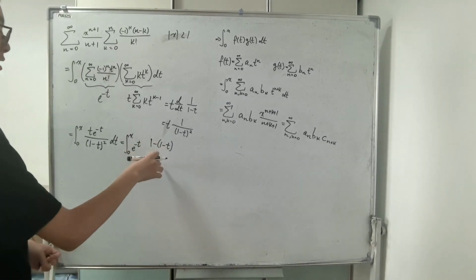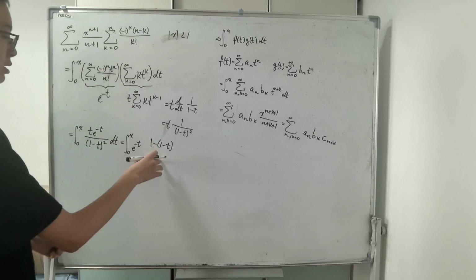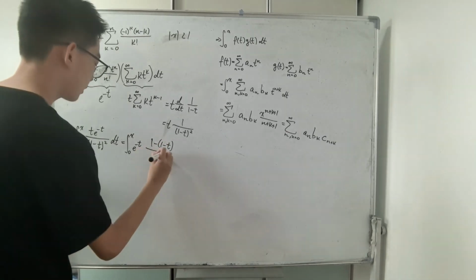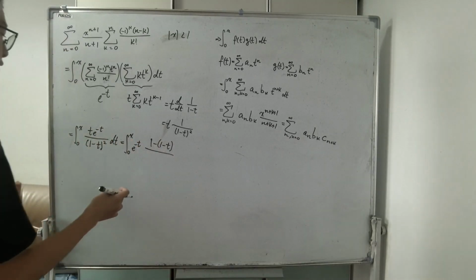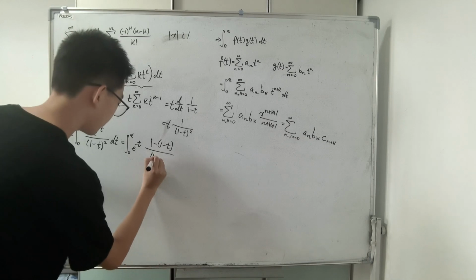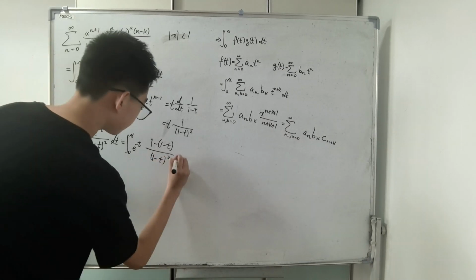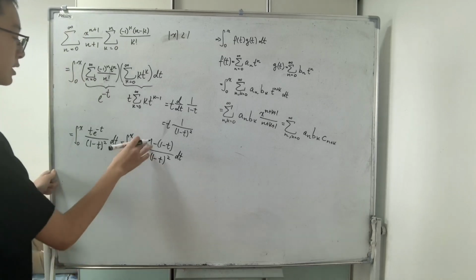If we bring the minus sign in, the 1 and the 1 cancel, and then we have a plus t over here. So that's a representation for t, I suppose. And then we have a 1 minus t squared in the denominator, dt. We can split this into two fractions.